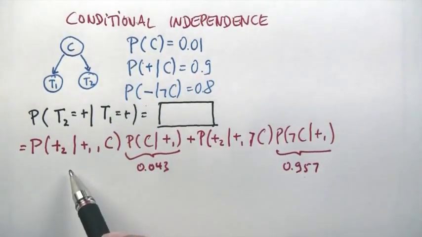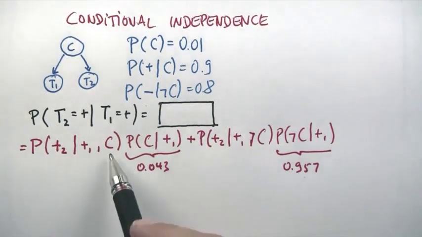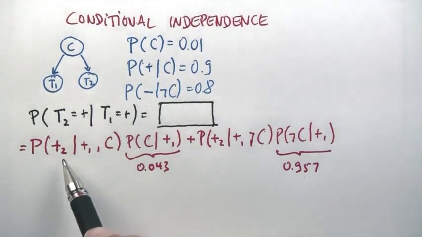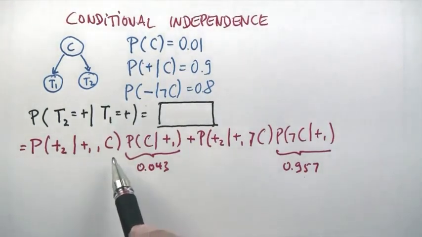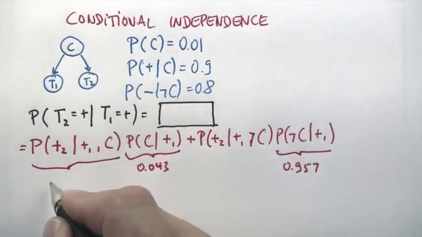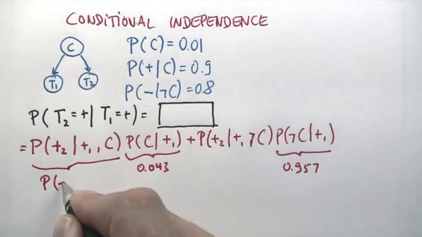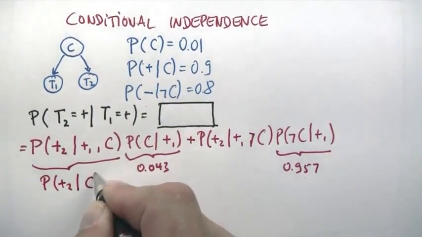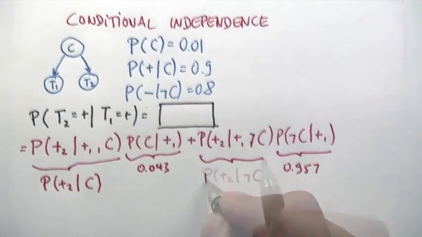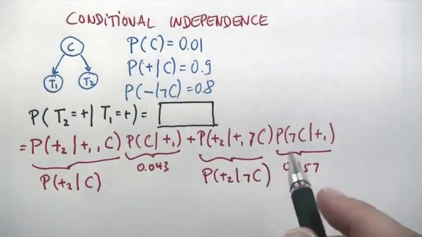And this term over here now exploits conditional independence, which is, given that I know C, knowledge of the first test gives me no more information about the second test. It only gives me information if C was unknown, as was the case over here. So I can rewrite this as follows: P of +2, given that I have cancer. I can drop the +1, and the same is true over here. This is exploiting my conditional independence.